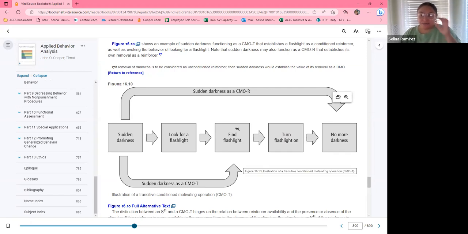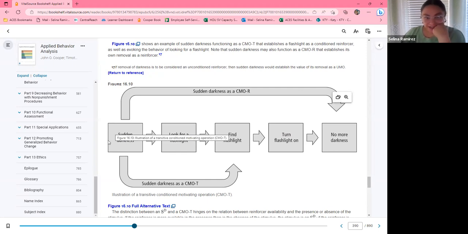Okay, here's a good example where they use both the CMO-R and the CMO-T. Sudden darkness, right? Maybe all the lights went out. There's a big storm and the electricity went out. So sudden darkness is going to be a CMO-R for no more darkness.